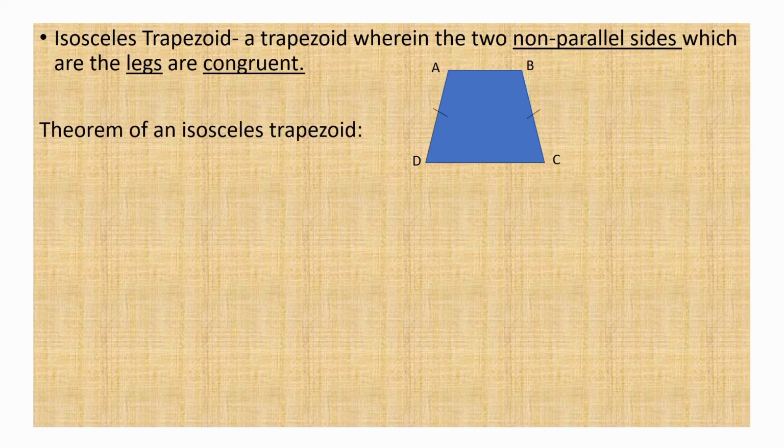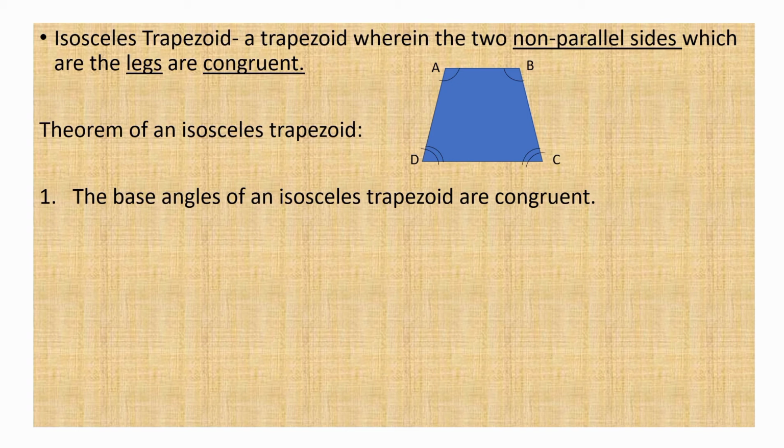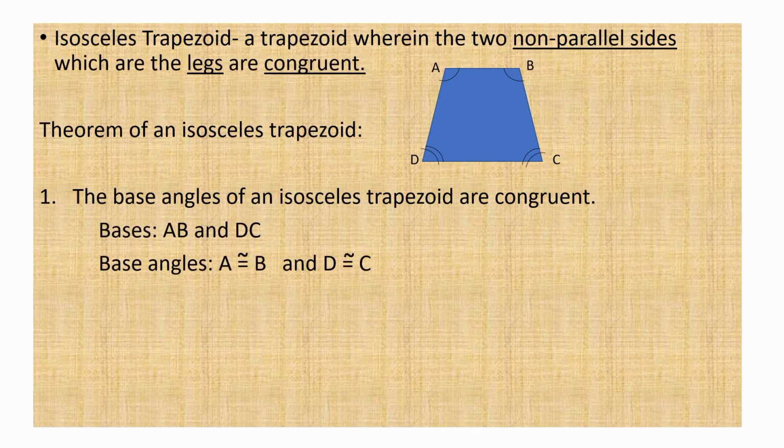Now let us discuss one by one the theorems of an isosceles trapezoid. Number 1. The base angles of an isosceles trapezoid are congruent. In the given isosceles trapezoid ABCD, the bases are AB and DC.